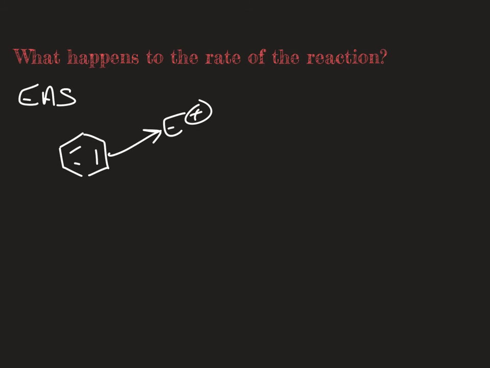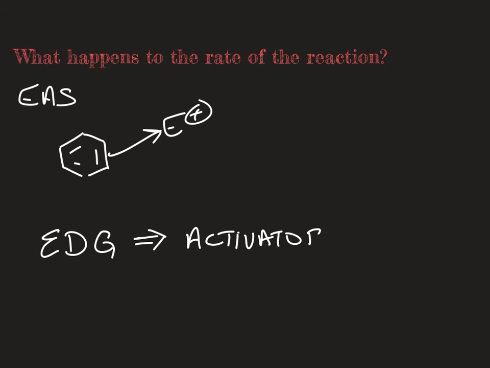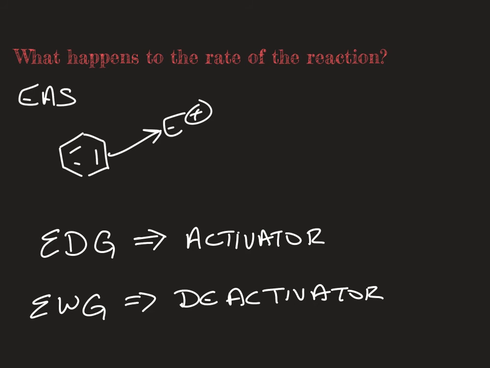So anytime you have an electron donating group, that's considered an activator. An electron withdrawing group is a deactivator. Because it's making your nucleophile positive, which is not what we want.